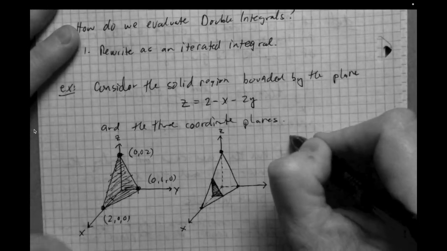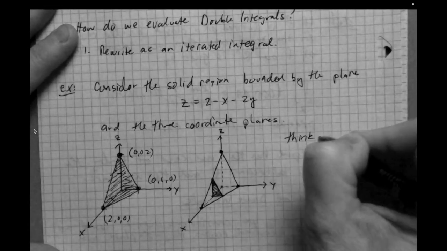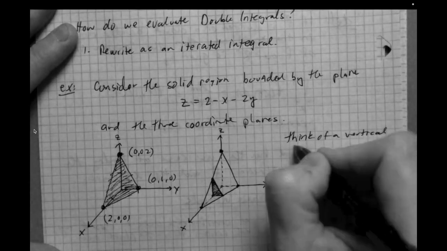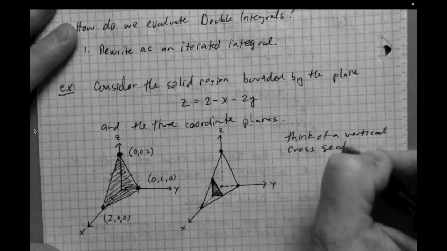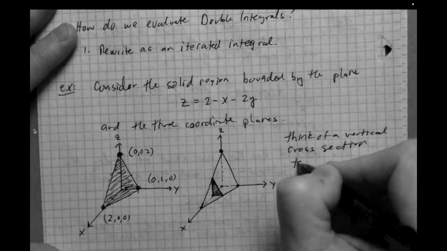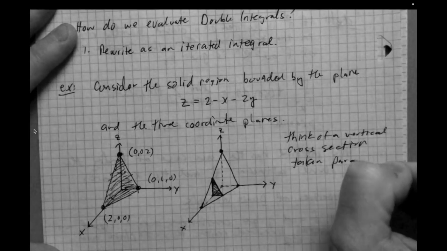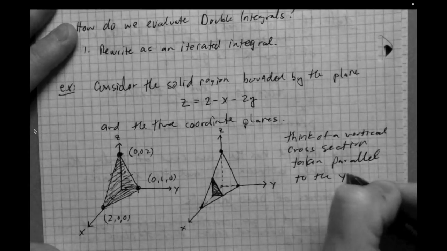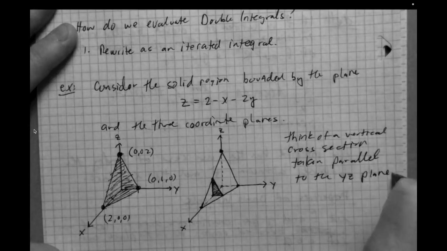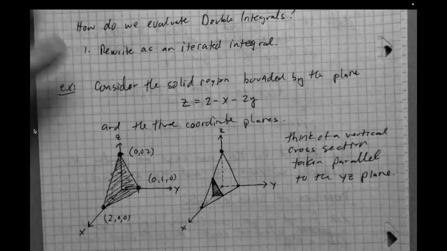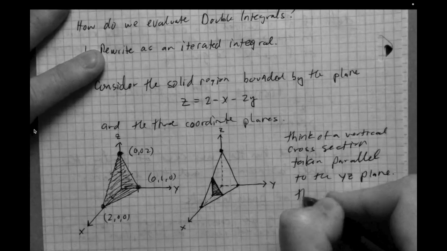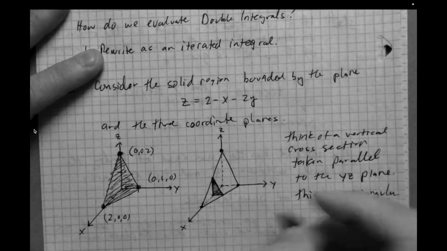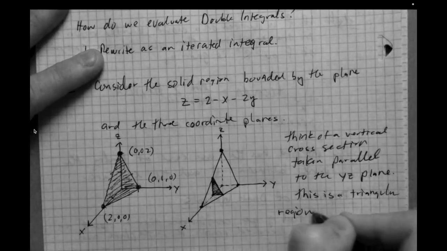So think of a vertical cross section taken parallel to the YZ plane. Okay, so this is a triangular region.